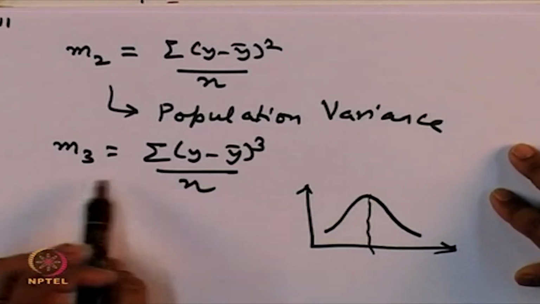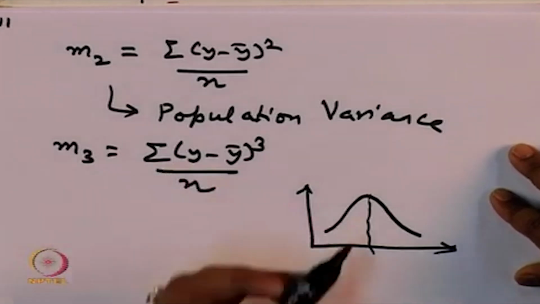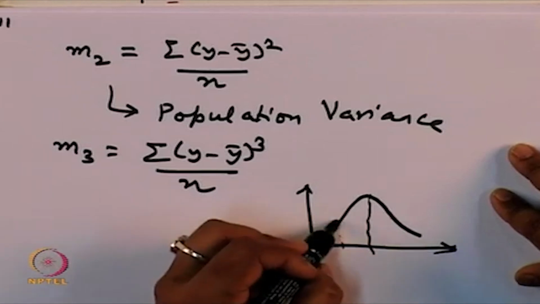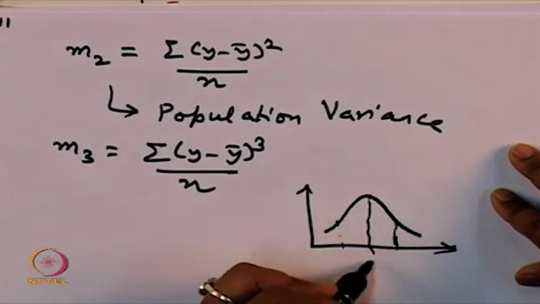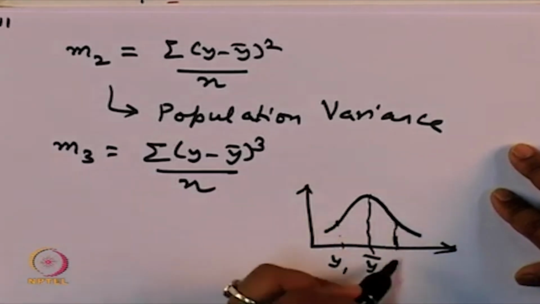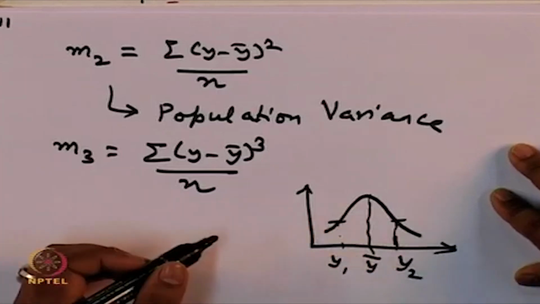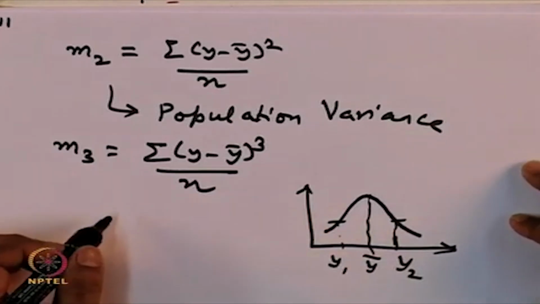If I look at how m3 is defined, a symmetric distribution would mean that for every value to the left of this, there is a similar value at similar frequency to the right of this. So let us say this is y bar, this is y1 and this is y2. The frequency of y1 and the frequency of y2 are equal, and that is why the distribution is called a symmetric distribution.